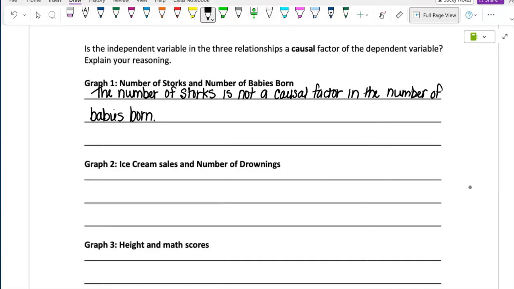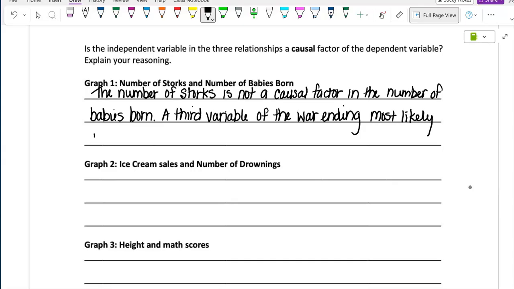A third variable of the war ending most likely caused the increase in both variables.